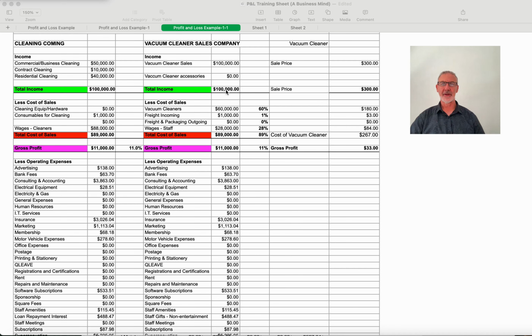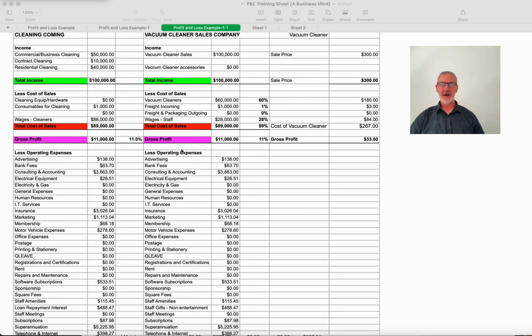In this case, I've got 100,000 income, 60,000 cost of the vacuum cleaners out of that 100,000, freight to get them on site, and staff wages to sell those vacuum cleaners and pack them away, etc. So there are two similar examples, but one's a service and one's a product. And this part up the top here is what we call the gross profit.